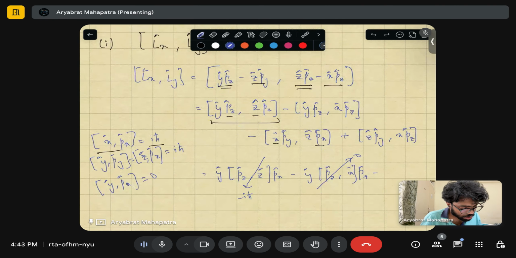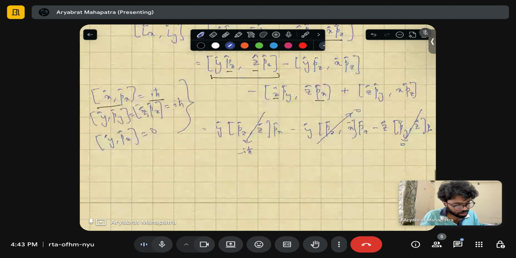From here you will get zero again, because I can write this as z py and z px, which is again zero. You can see the commutation properties here. But then you have the last term.